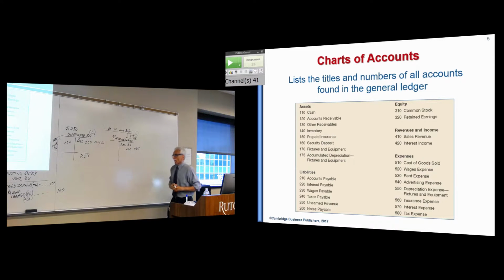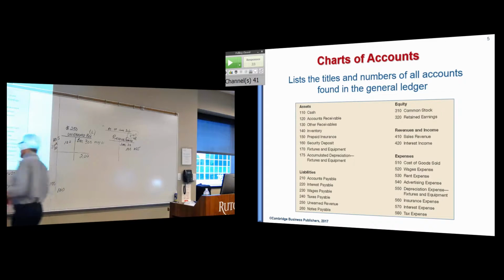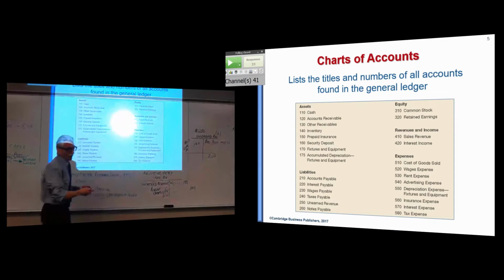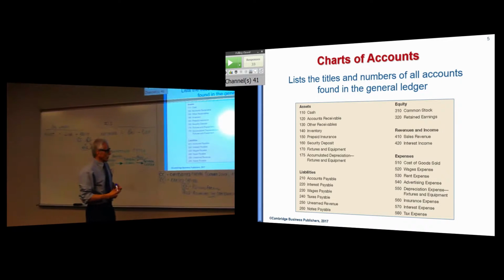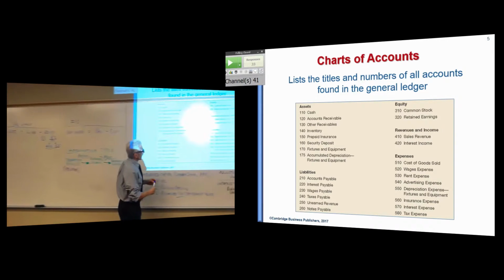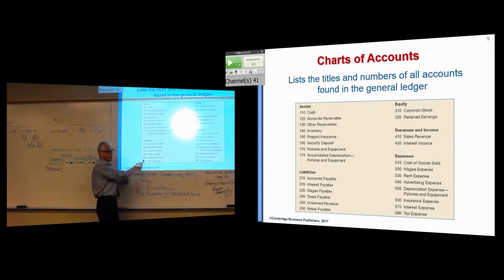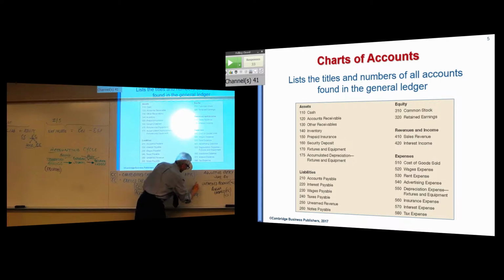And if I was doing this in a computer system, I would probably just have to plug in the numbers. I haven't worked with QuickBooks or any of those kinds of things, but I'm sure if you did, the unearned revenue gets debited and you would have to look up the account, so it's 250. So probably in here, you have a reference of 250, and in the revenues earned, it's 410.